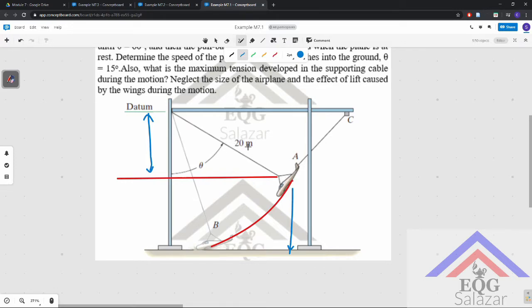That is 20 times cosine 60, because we form a right triangle. This is the adjacent side, this is the hypotenuse, and this adjacent side, let's call it x. X over the hypotenuse is equal to cosine theta. Therefore x is equal to h cosine theta.